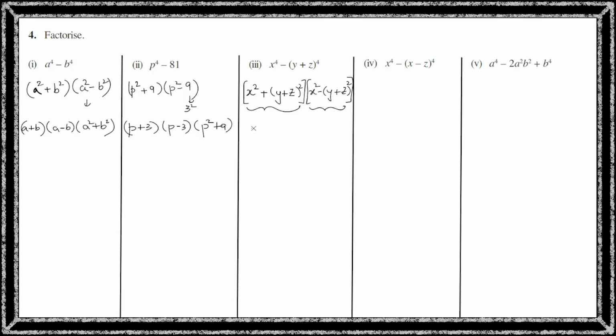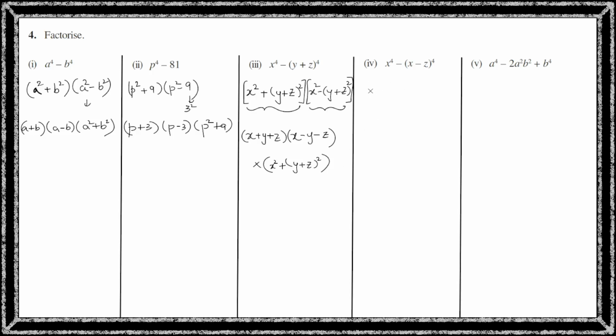So I'm going to write it as A plus B into A minus B. When I open the bracket, minus goes to both x and y. Into, there's one more factor, I'm writing it down in the next line. It is x square plus y plus z whole square. So it is a product of 3 factors over here, 2 linear and 1 quadratic.